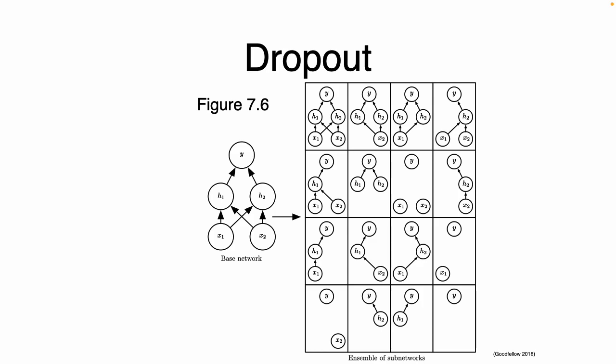So you're evaluating outputs from this network. That's how you're calculating gradients and how you're stepping downhill. So dropout says, what if randomly, every time I pass data through this model, so every time I do a stochastic gradient descent step, every time I take a gradient, what if I switch off some of these nodes?